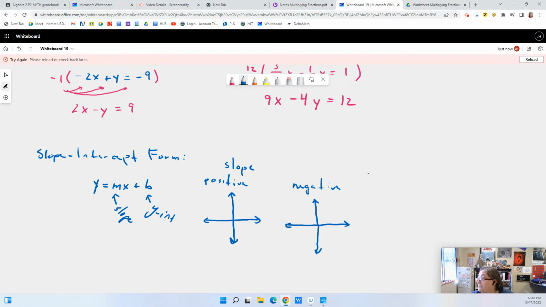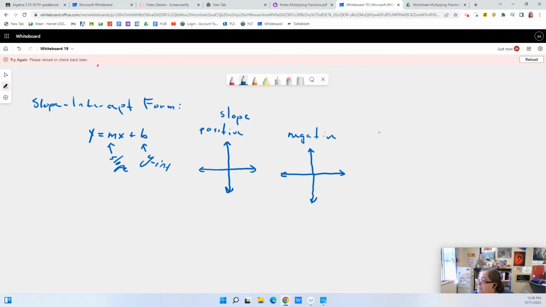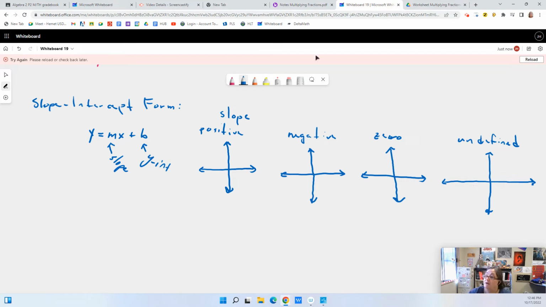We've got positive, negative, 0, and undefined. We've talked about this when we were writing equations from 2 points and finding slopes. We talked about 0 and undefined, but we really didn't talk a lot about positive and negative.